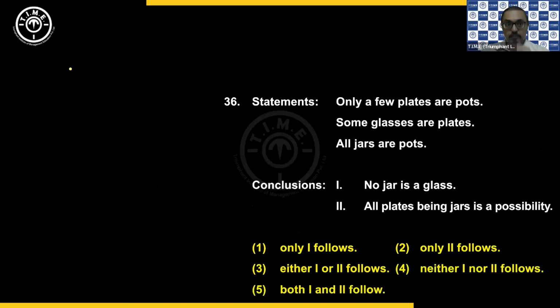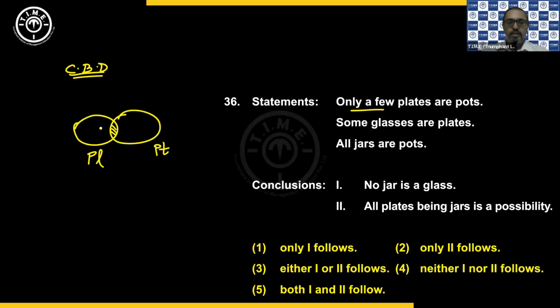Then next one. Okay. We have one more. Now drawing the combined diagram for the statements. Only a few plates are pots. Okay. So only a few plates are pots. Like this.